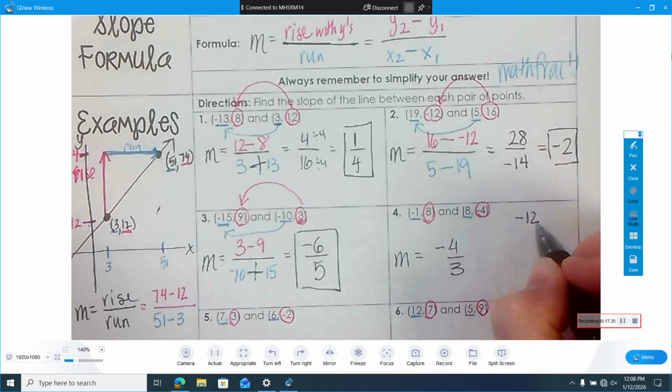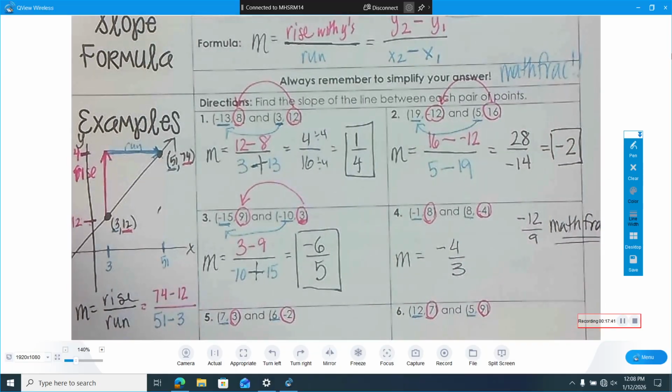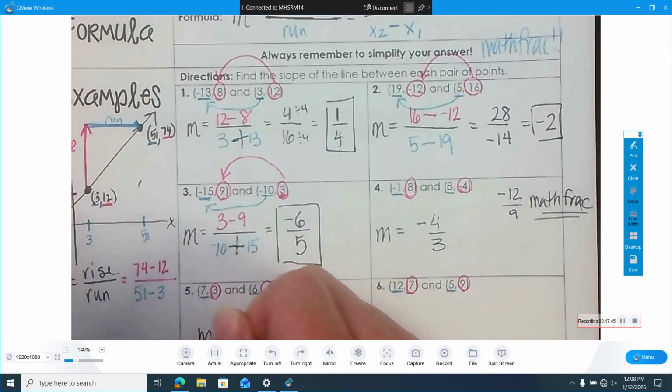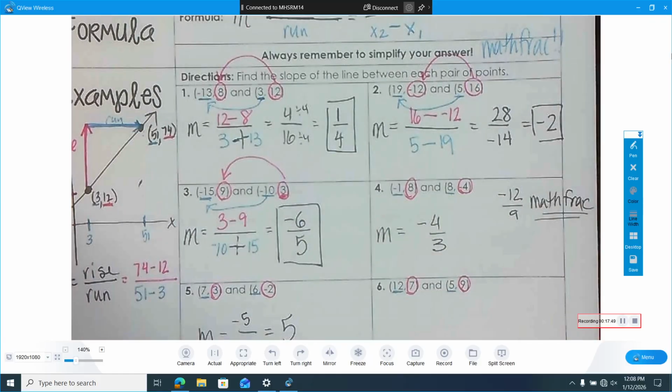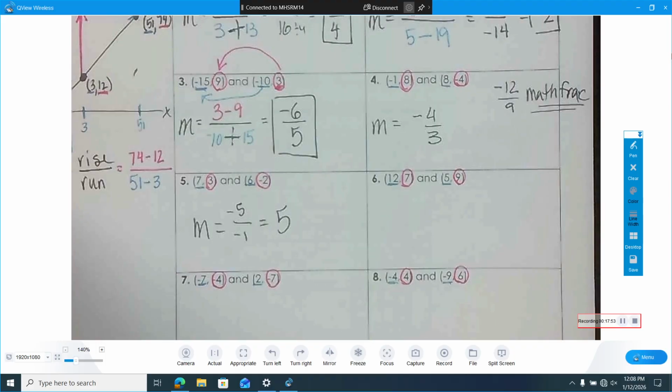If you got negative 12 over 9, you just need to math frac that, all right? So you can math frac that, it needed reducing. Number 5, you would have gotten negative 5 over negative 1, which again, negative divided by negative is positive. So you get positive 5.